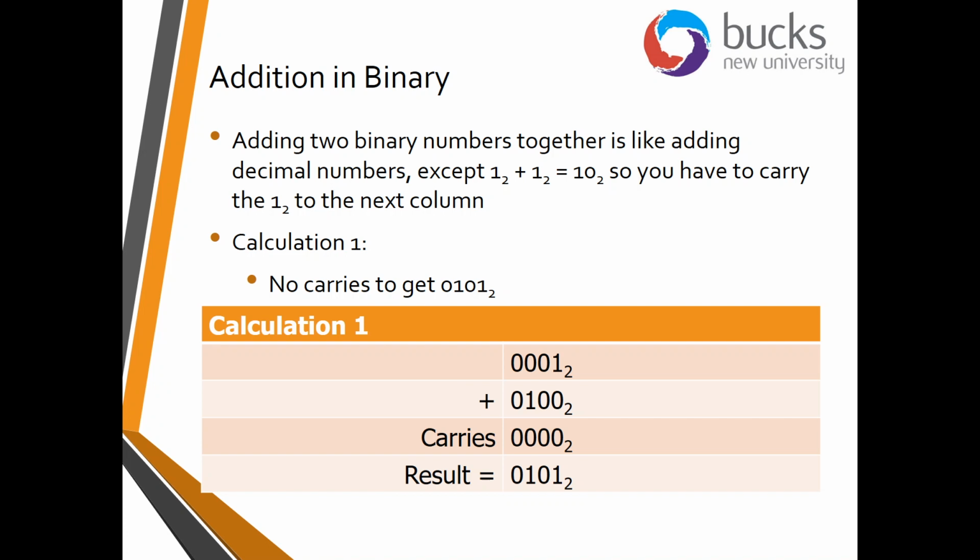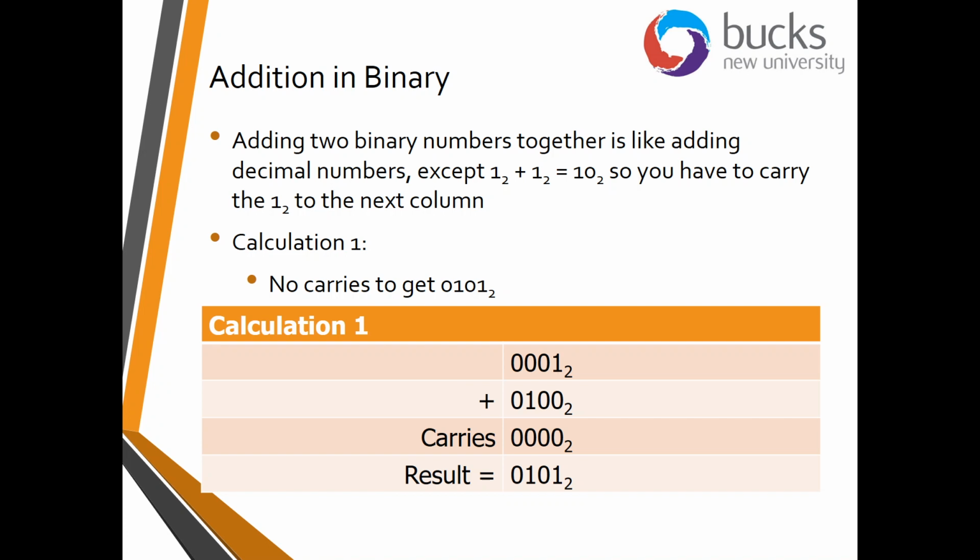Adding 2 binary numbers together is like adding decimal numbers, except that 1 and 1 in binary is going to equal 1, 0, which is, of course, the representation in binary for 2. So you effectively carry the 1 to the next column, because 2 can't fit in binary representation.